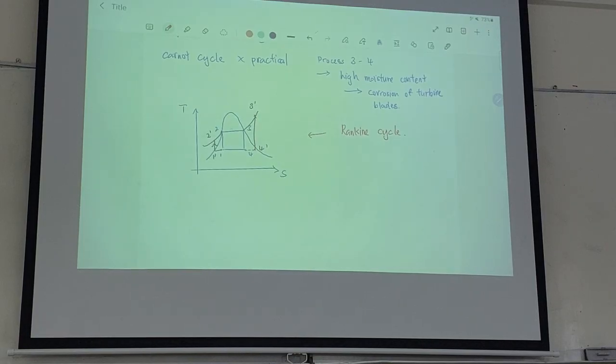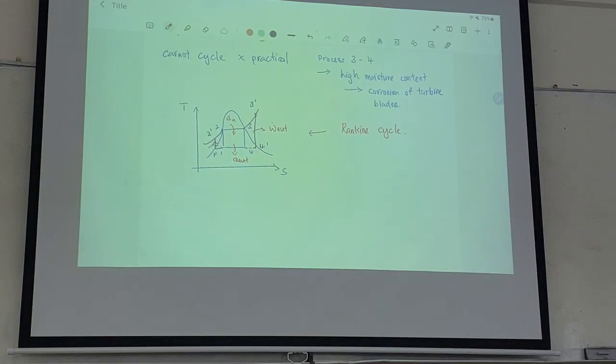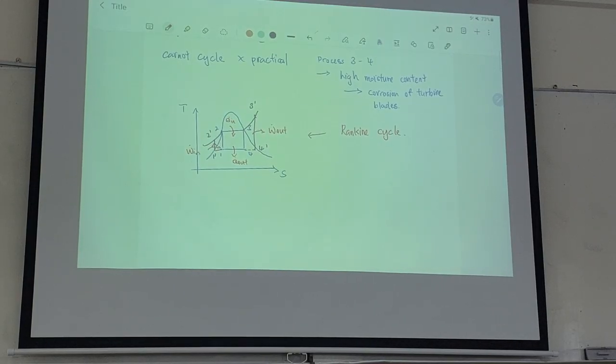And for this Rankine cycle, you get Q in over here, you get Q out over here, you get work out here, and you get work in.